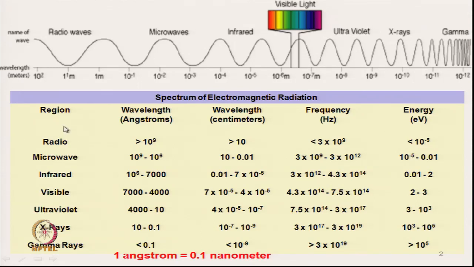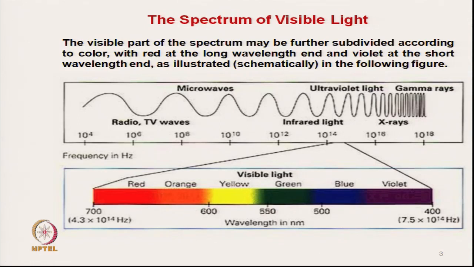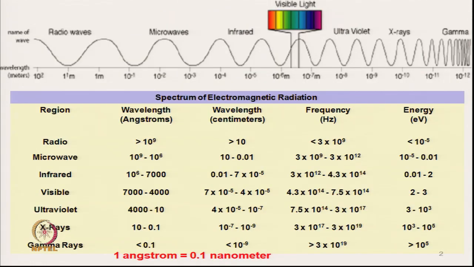So, these are the wavelengths. Radio wave is more than 10 to the power 9 Angstrom, whereas ultraviolet ray is around between 10 to 4000 Angstrom. Just before ultraviolet ray there is the visible light spectrum.